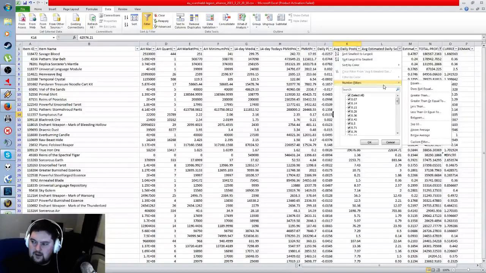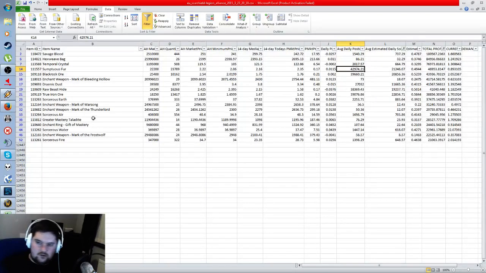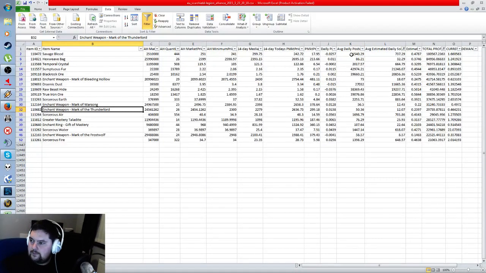It just depends if you're planning on farming something. So let's just filter this and make it greater than or equal to 5 to start with. So that's really shortened your list down. So these are things that sell more than 5 per day and are also sorted by profit.